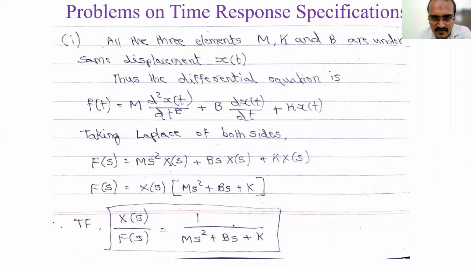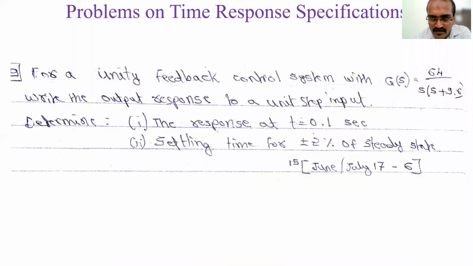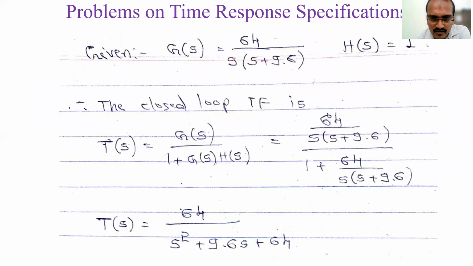G of s, H of s was given. So using the standard equation G of s by 1 plus G of s, H of s, you derive the transfer function. From that you find zeta, omega n and time response specifications, and also we found the response for a given time of 0.1 second. So those were the three problems we discussed in the previous session.